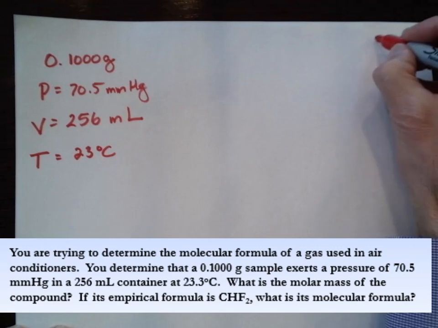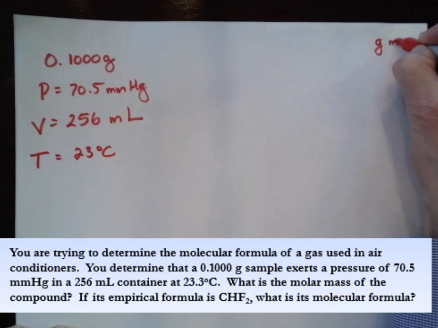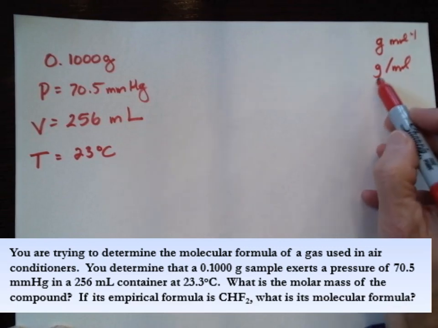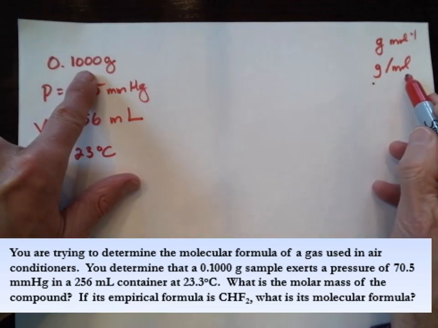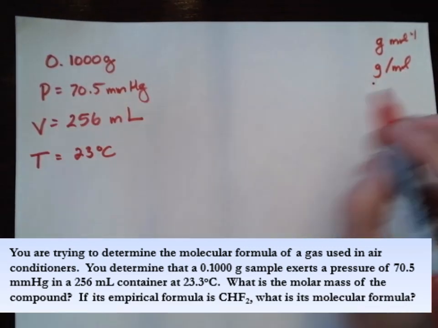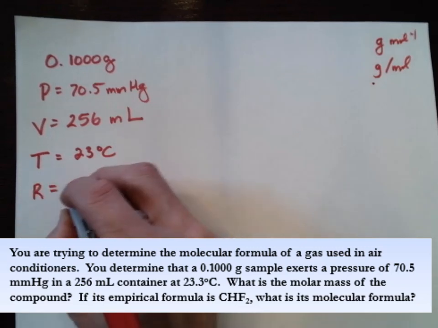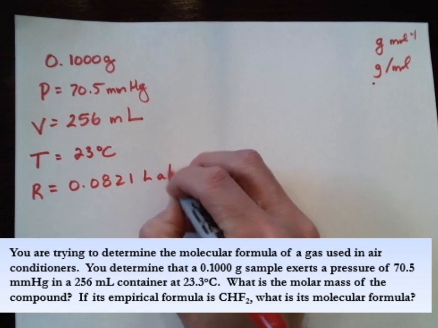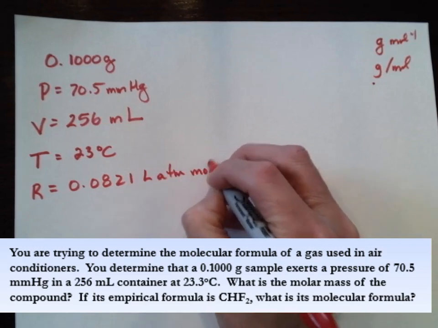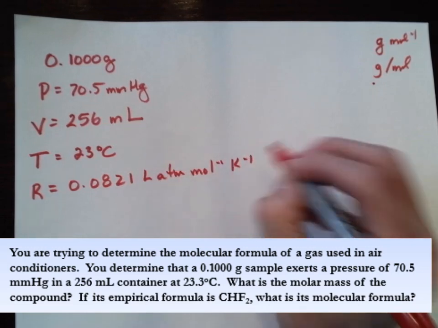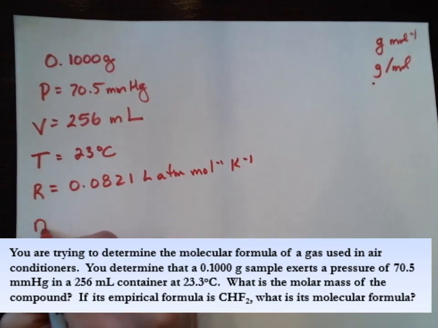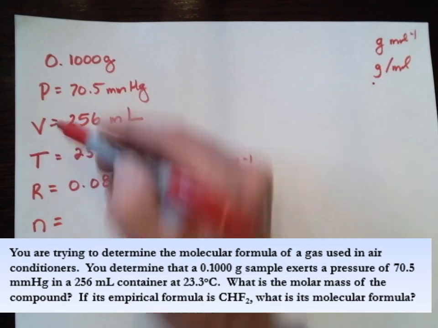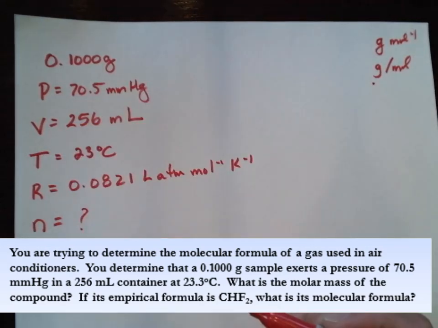Well, the molar mass of the gas is going to be how many grams are contained in a mole, or the grams per mole. We know the grams, we have to find the moles. If we recall the gas constant, 0.0821 liter atmosphere per mole per Kelvin, we recognize that we have P, V, R, and T, and all we need is n.